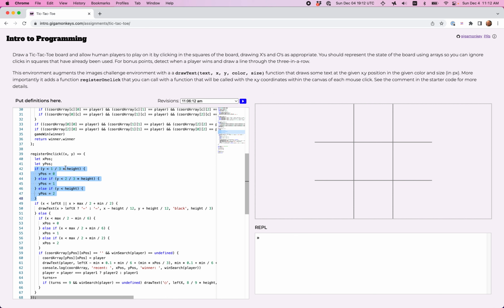We're assigning y position from 0, 1, or 2, based on some sort of mathematical comparisons of the y value relative to the height. So it sure seems like there's maybe a mathematical relationship that we can express directly rather than doing it with a logical relationship.